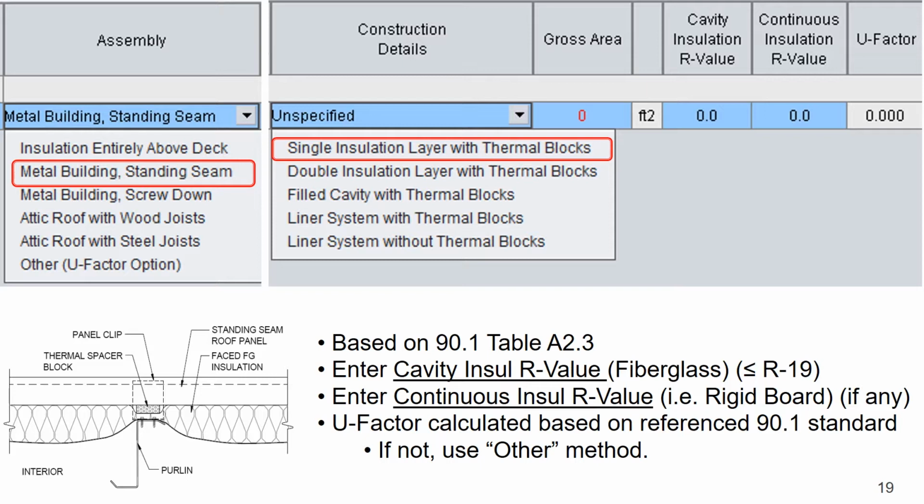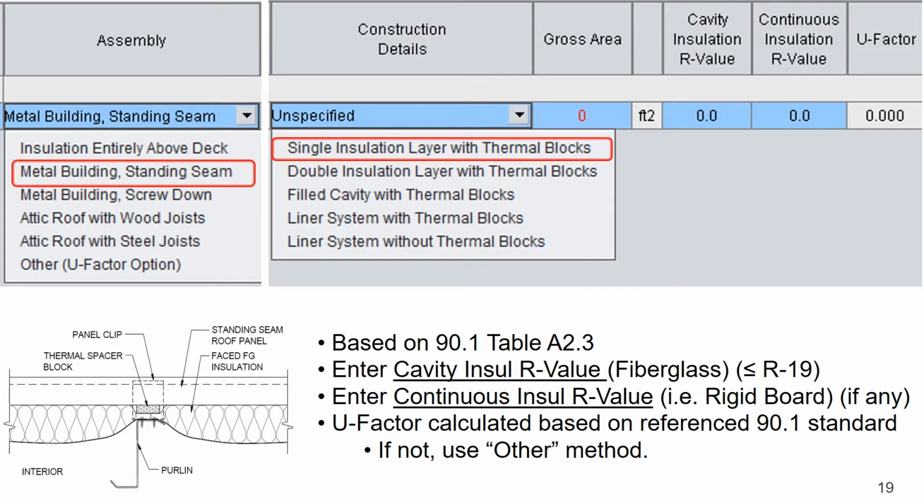Older versions of ASHRAE 90.1 may vary in the U factors being presented. These U factors have evolved over the past few versions. Maybe a little bit more conservative, assuming less expansion of the fiberglass between the purlins.